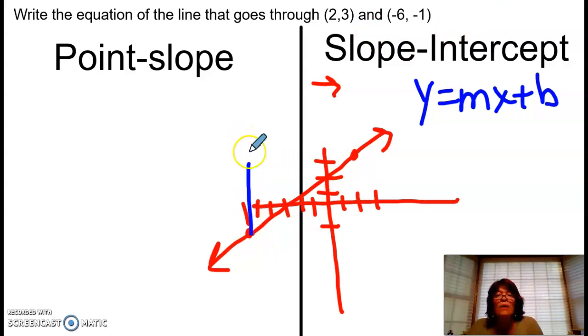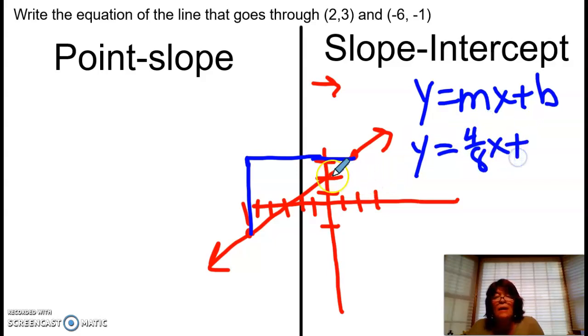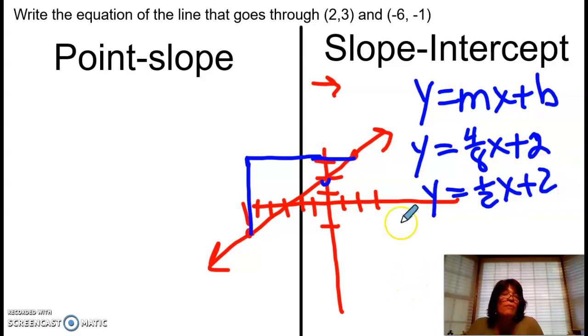I was at -1, I'm going up to the rise 4, run 8. Rise 4, run 8. And it looks to me like I'm going through the y-axis at 2. So that would be y equals a half x plus 2.